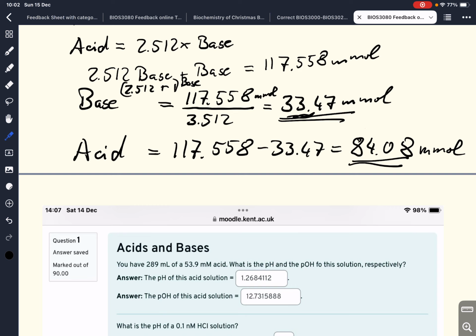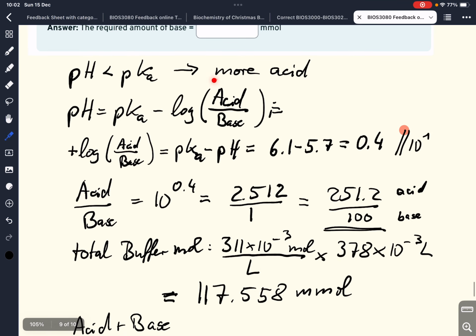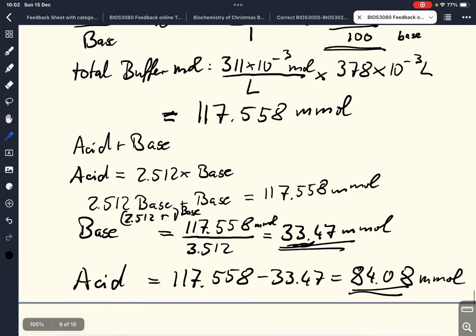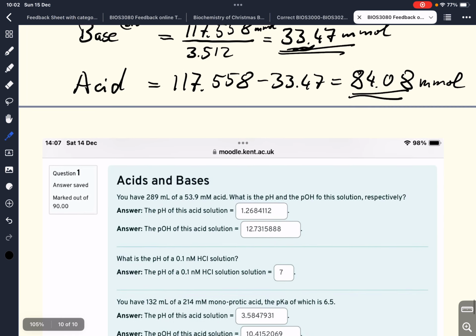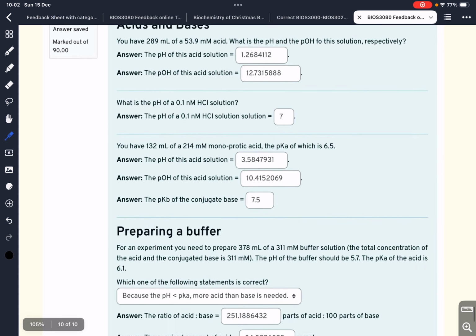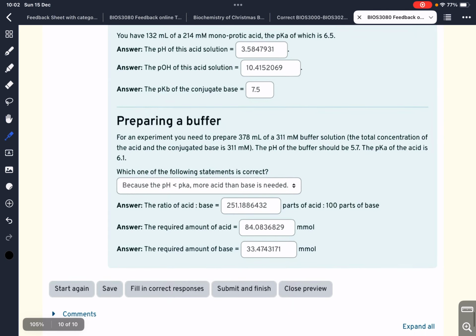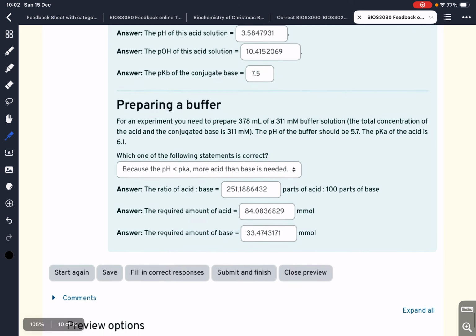And we see again, quite nicely, we need more acid than base, and that again is in line with what we've set up here. So it's always good to have a bit of a reality check. And here we can put the numbers into the spreadsheet. Because the pH is smaller than pKa, more acid than base is needed.